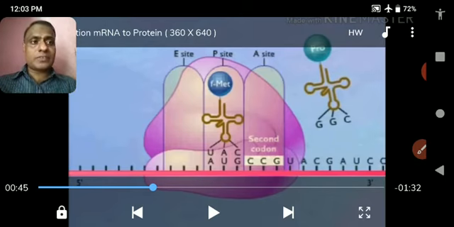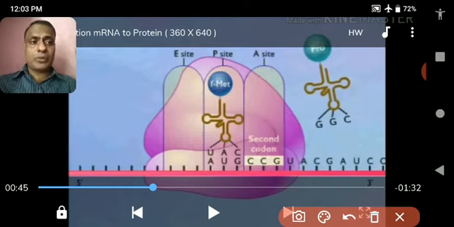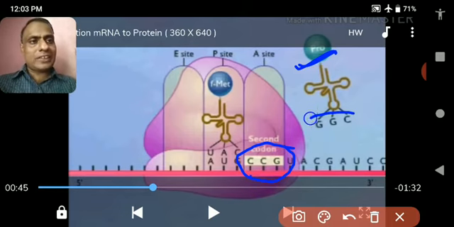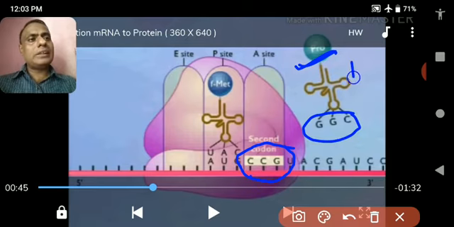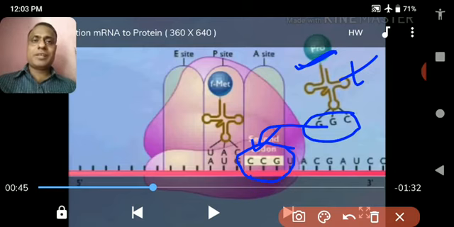See how the transfer RNAs are carrying a particular kind of amino acid by reading the particular kind of codon. This codon is associated with this amino acid, so this tRNA brings this amino acid. Once again, I am repeating.